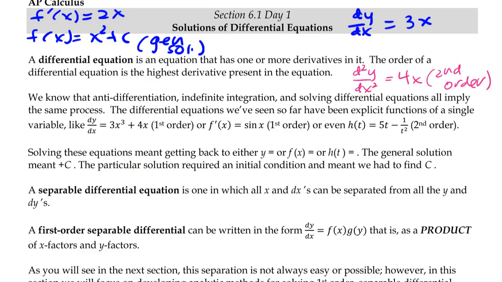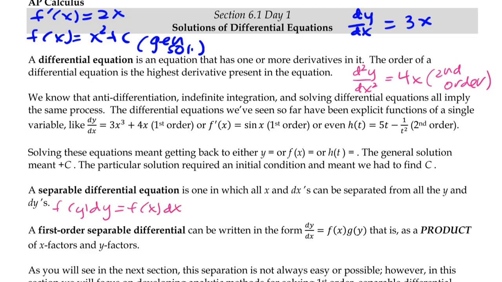A separable differential equation is one in which all x's and dx's go on one side, and y's and dy's go on the other side. So it would look something like an f of y dy on one side, a function with y's, and then a function with x and dx on the other side. Notice that I used a lowercase f.